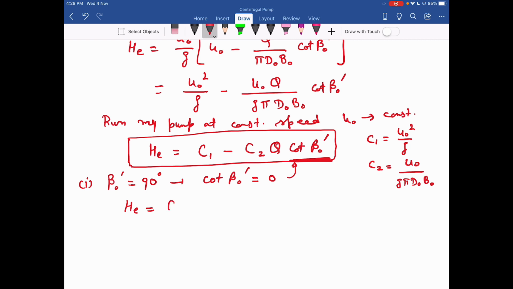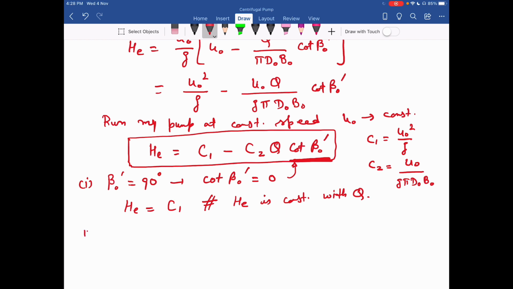So Euler head is a constant C1. So you can say that for radial vane, Euler head is constant with the discharge.